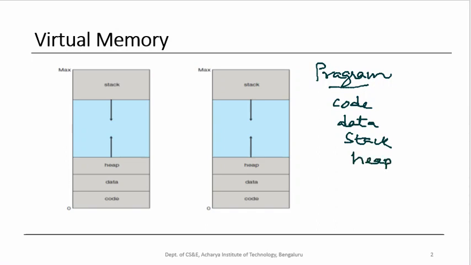So that's what I have shown here. Let's say this is program 1, this is program 2. When it is loaded into the memory and starts running, we call them processes.